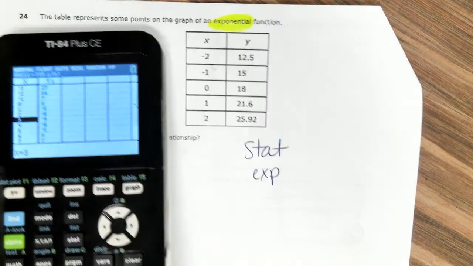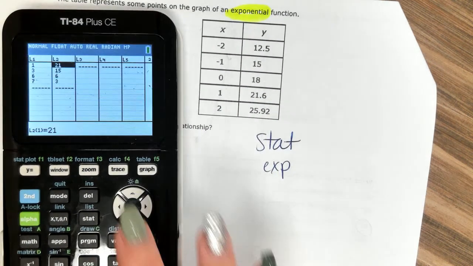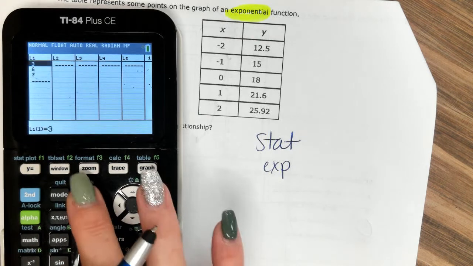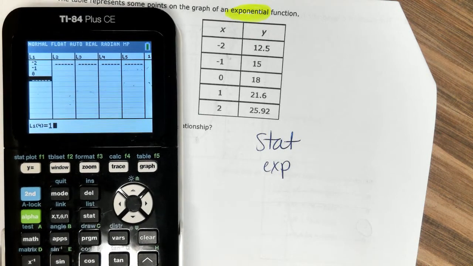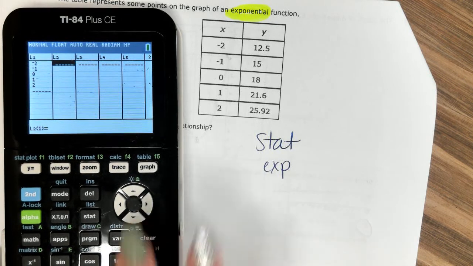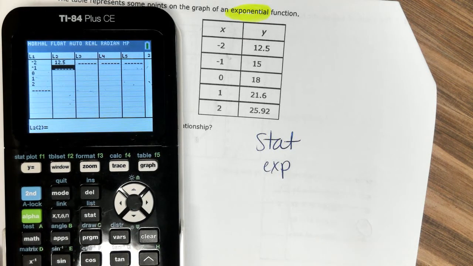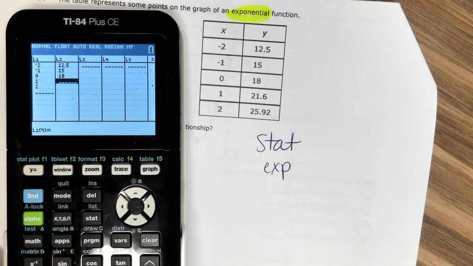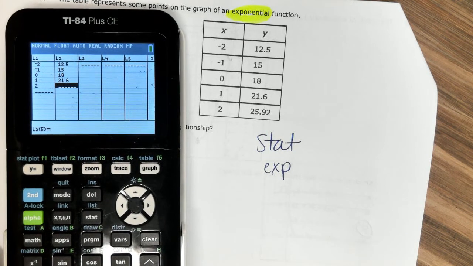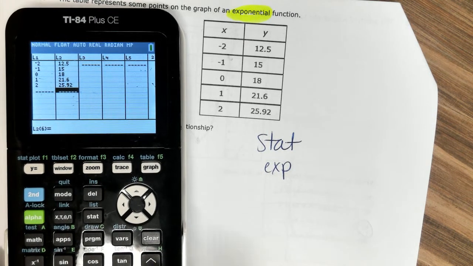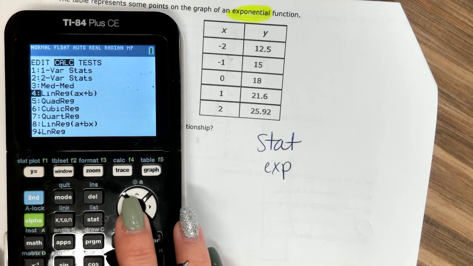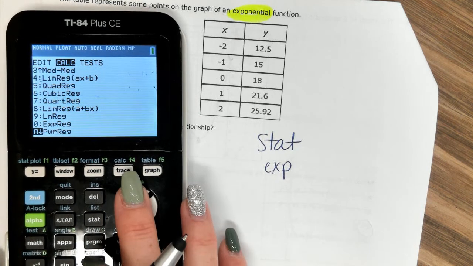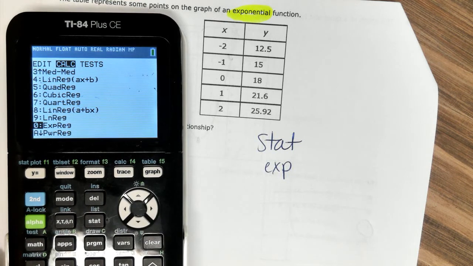So, just to show y'all, I'll delete those. Go to Stat, Calc, and you have to tab down for exponential. It's right there. It's option 0.